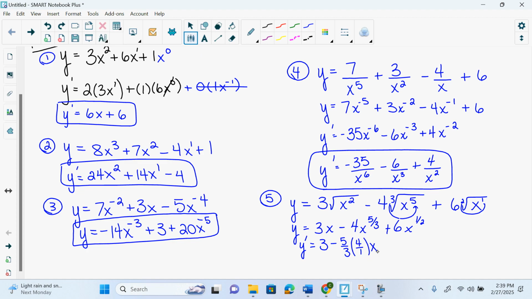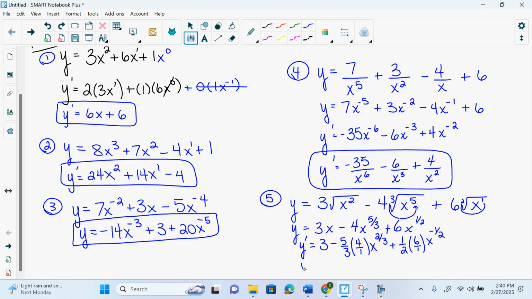What's 5/3 minus 1? 5 over 3 minus 3 over 3 is 2 over 3. And then plus 1/2 times 6. x. What's 1/2 minus 1? Negative 1/2.